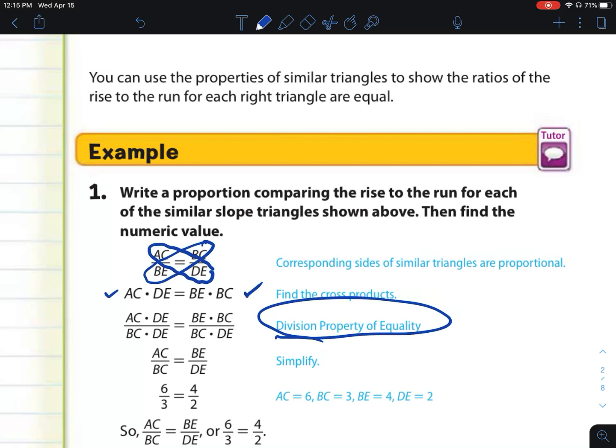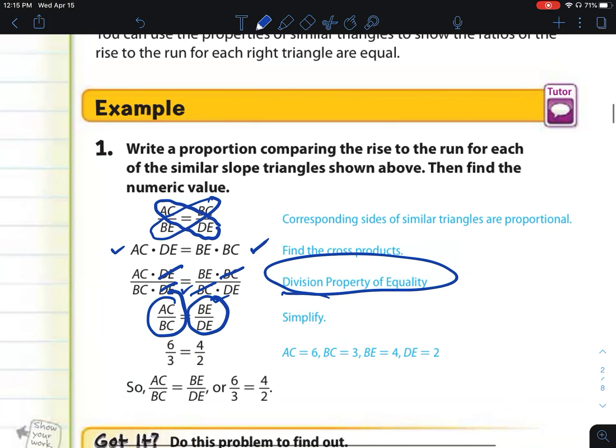That means we divide both sides by DE, and we divide both sides by BC. So divide both sides by BE, divide both sides by BC. What's happening now is after we divide them, we end up with AC over BC and BE over DE, because this cancels out and those cancel out.